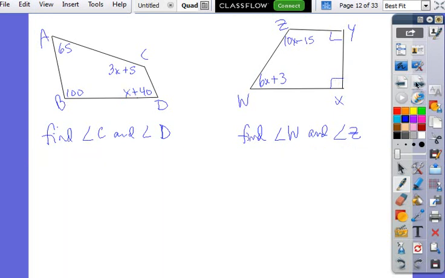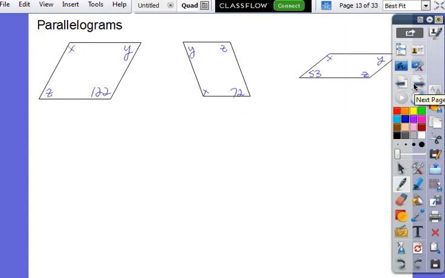All right, for parallelograms, we've already kind of talked about this. What is the rule for angles as far as parallelograms go? There are a few rules you need to know. They all add up to 360. That's one of them, but here are the specific rules I gave you for parallelograms. If they're opposite angles, they have to be equal.